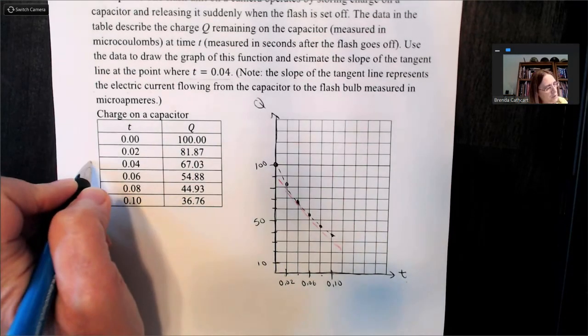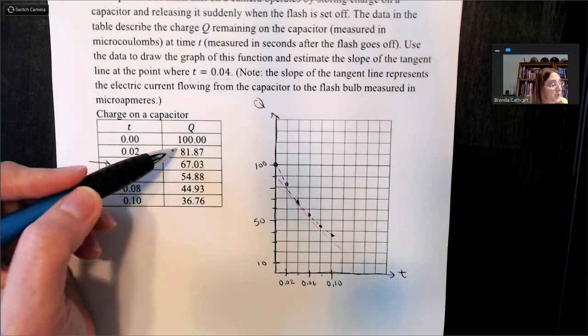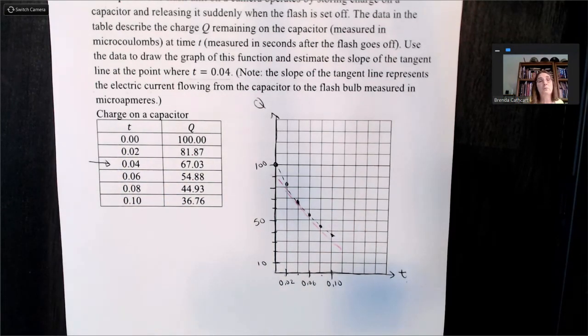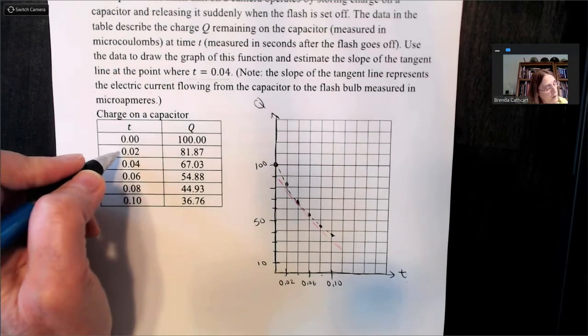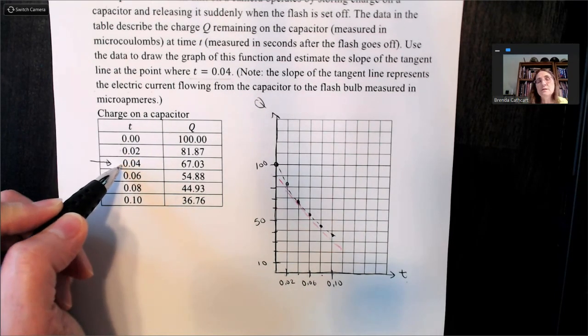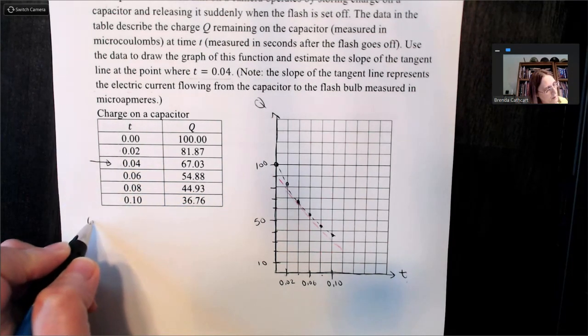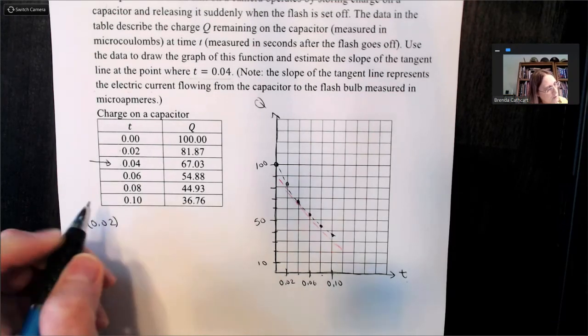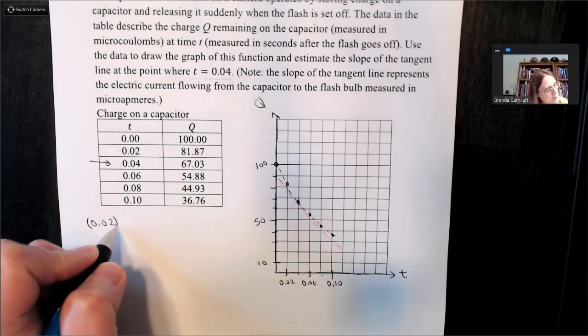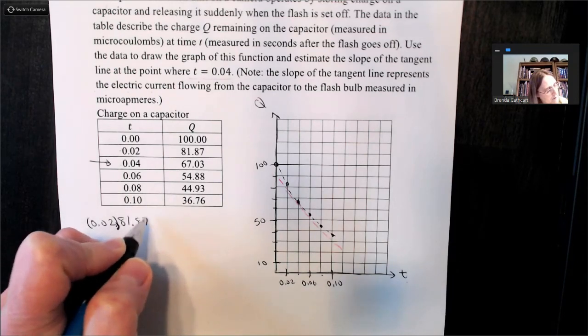And if I'm interested in what happens at 0.04 seconds, then let's find the slopes of the secant lines, or the slopes of the values that are closest to that point. So let's find out what happens between a time of 0.02 seconds and 0.04 seconds. Let's find that slope. So here are the 2 points that I want to work with. Excuse me, I want a comma there. 81.87.